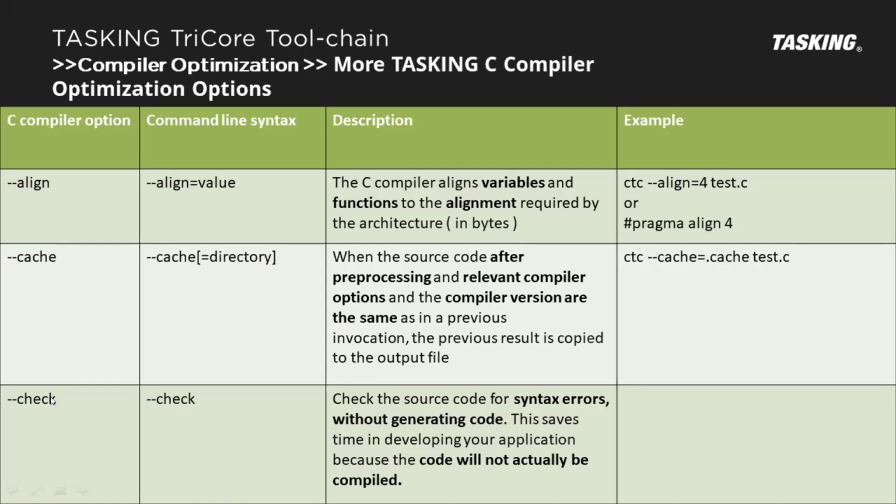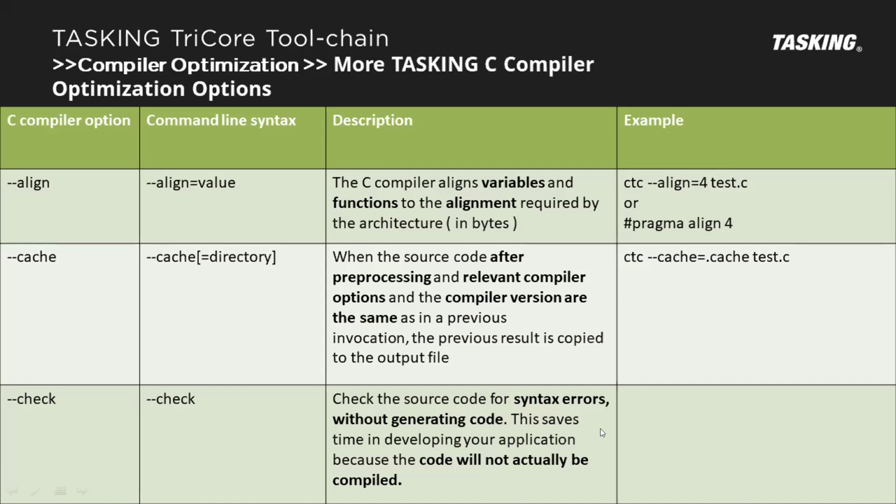All right, you could also check this compiler option called dash dash check. The compiler checks for you whether there are syntax errors in your source code, and it will not generate any code in this case. So please take care, there is no code generation if you use this compiler option. It's really good for you because you don't have to wait.